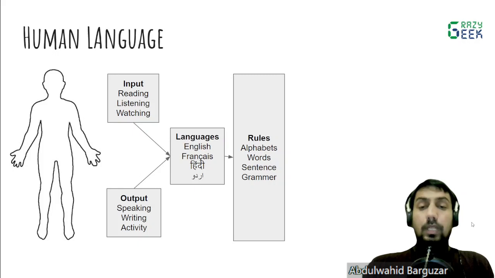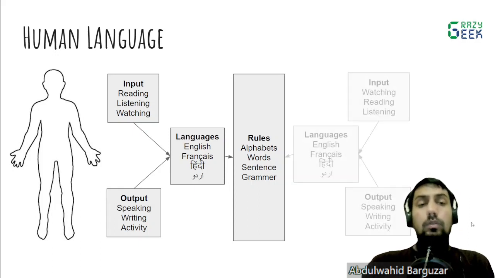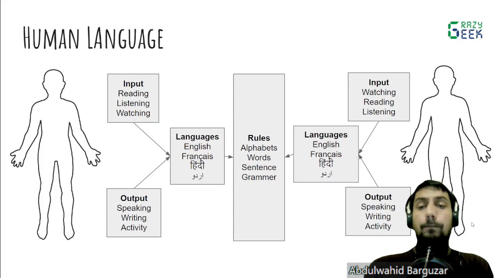So if anyone learns a language by following the rules of the language and learning the alphabets, words, and the grammar of the language, then anybody can use that language to communicate with each other, right? So here we can see we take the language as a medium to communicate with each other.